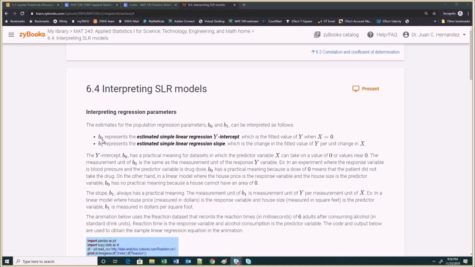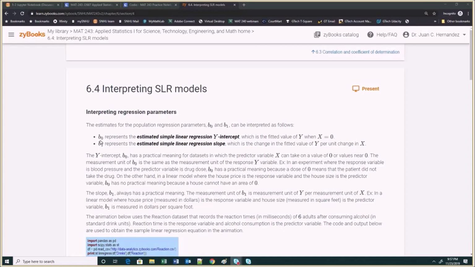Now in a lot of cases, this will have no practical meaning. Recall the example where we were predicting the price of homes based on their square feet area. We used a regression model in which the dependent variable was price and the independent variable was square feet area.